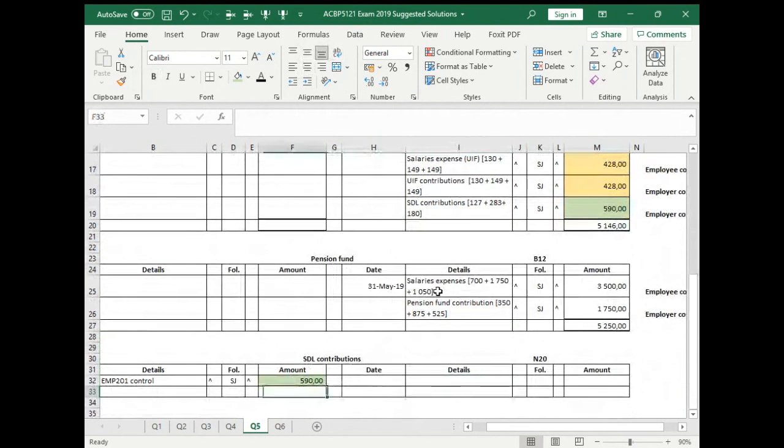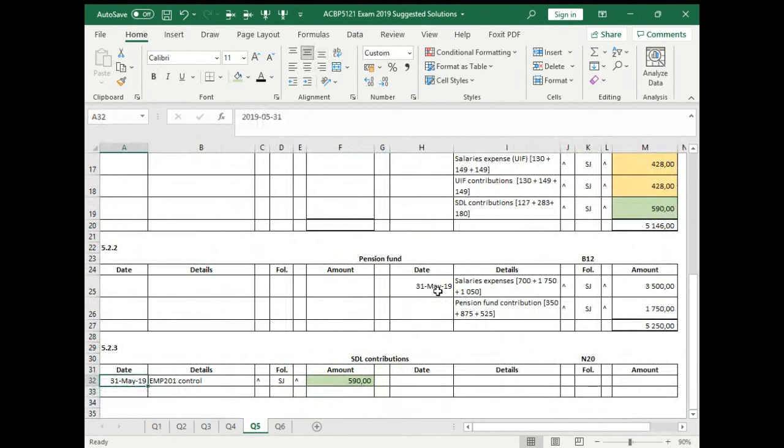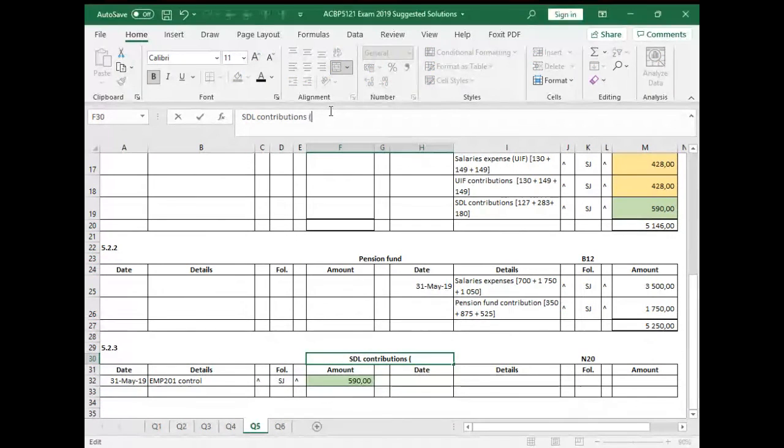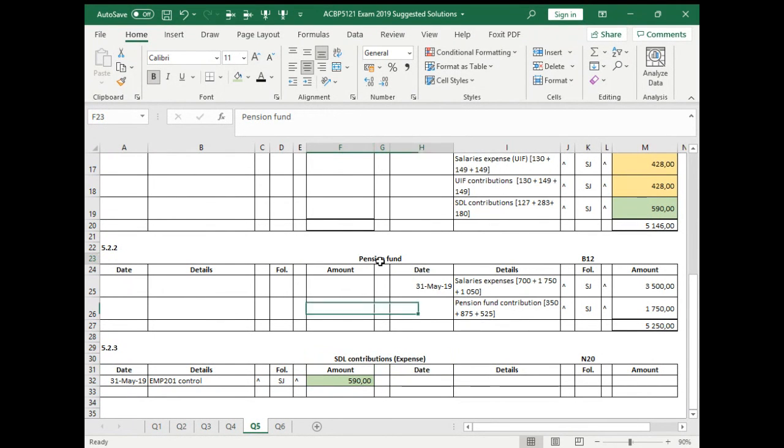That is where this SDL contribution account comes from, to reflect the additional expense our company has incurred as a result of the law and SARS requiring a company to pay over UIF and SDL. So this is an expense account, and this is a liability account.